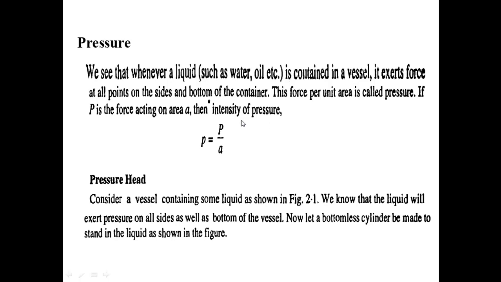The unit of force is Newton and the unit of area is square meter. So the unit of pressure is Newton per square meter or Newton per square millimeter, which is also equal to Pascal.